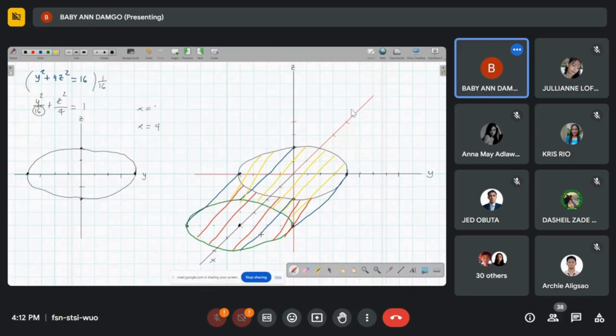Isa mag-use ko another 3D. We have y squared plus 4z squared is equal to 16.